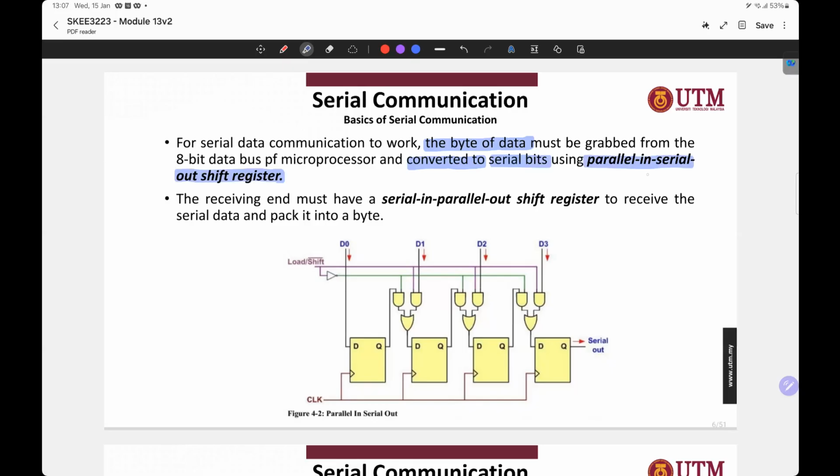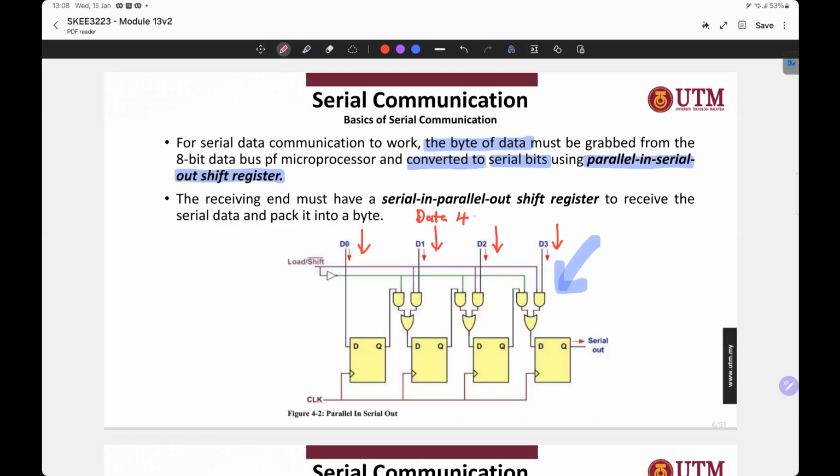The figure below is a parallel-in serial-out register. As you can see, you have multiple bits coming in at the inputs. Assume D is the data, and you have 4-bit data in this figure.